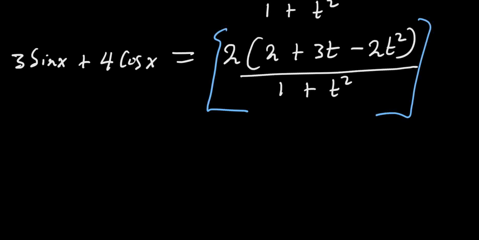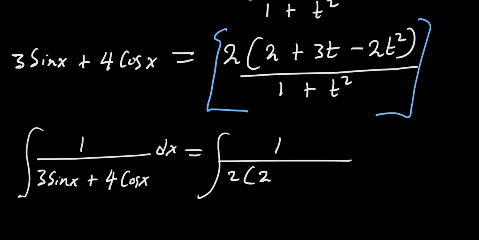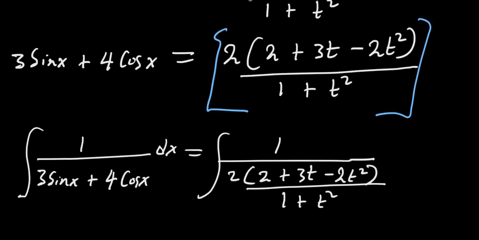So this means that the integral of 1 over (3 sine x plus 4 cos x) dx is equal to the integral of 1 over 2(2 plus 3t minus 2t squared) over (1 plus t squared).